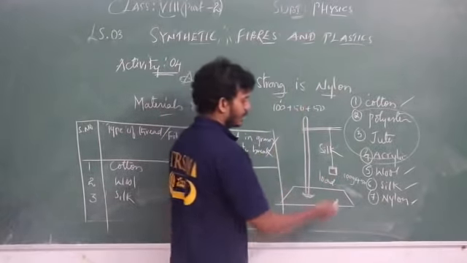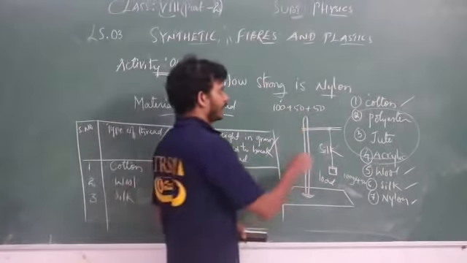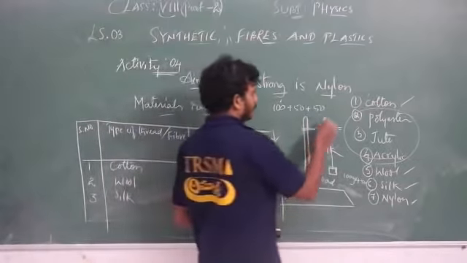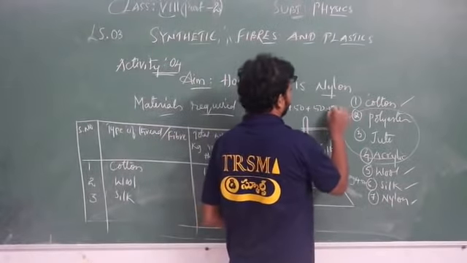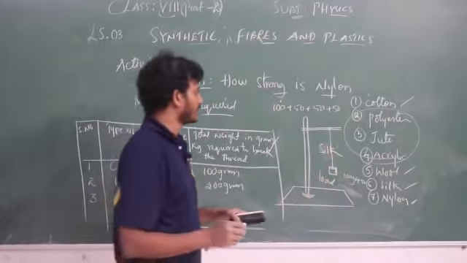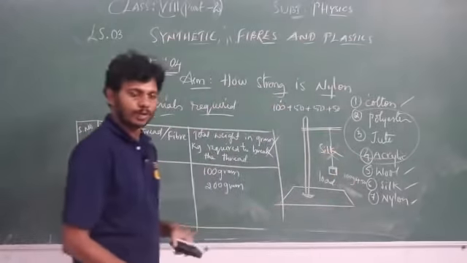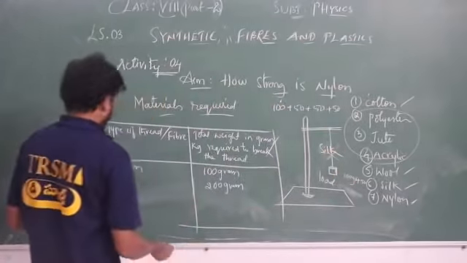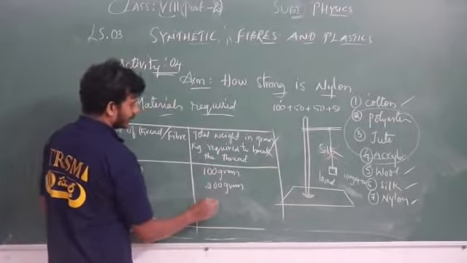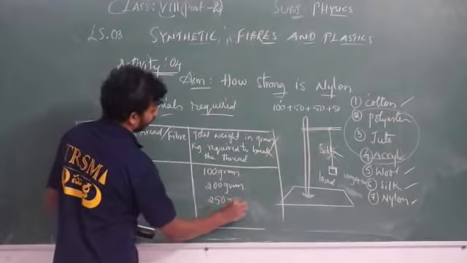Next I added 50 gram, no problem, it is not broken. I added 50 more gram, no problem for that also. I added 50 more gram, so now it is stiff, and almost broken. So what weight does it bear? It bears about 250 gram of weight.